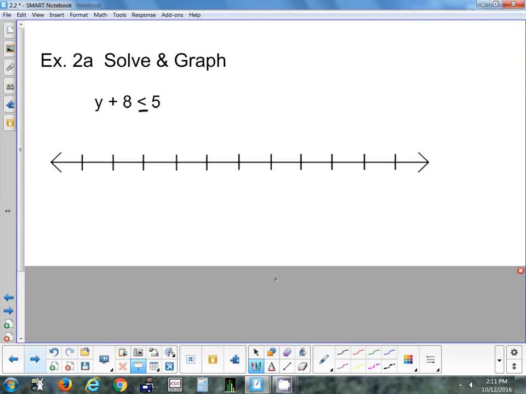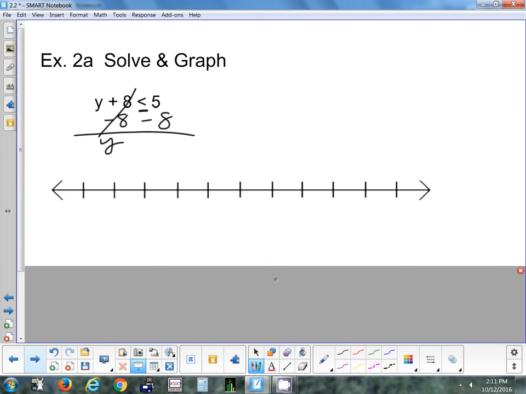All right, what's my one and only step for 2A? Yep, Ariel? Minus 8 on both sides. Plus 8 minus 8 cancels out. And what am I left with? We're left with y. Less than.